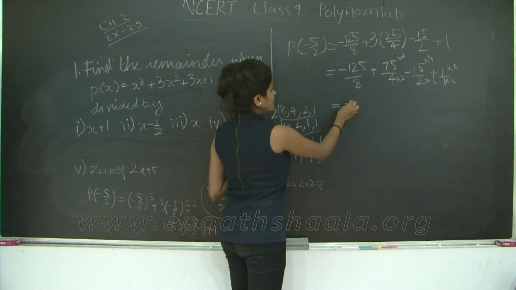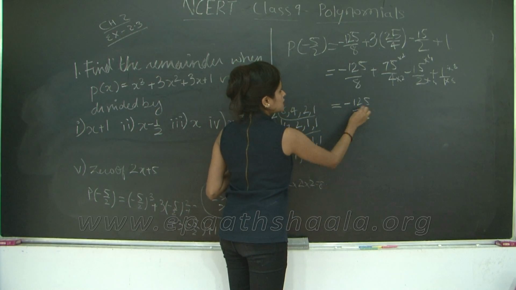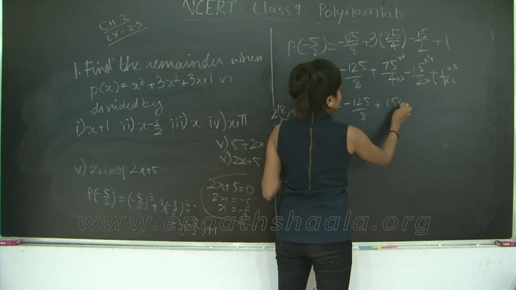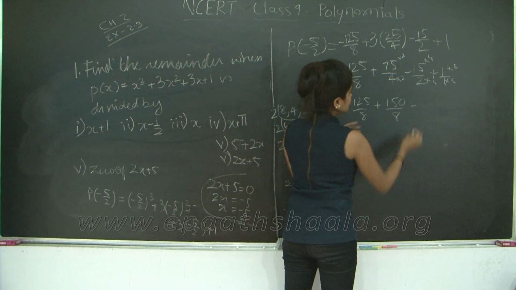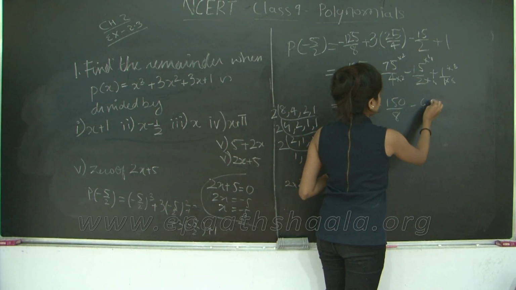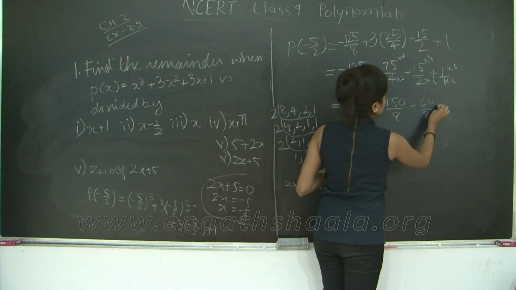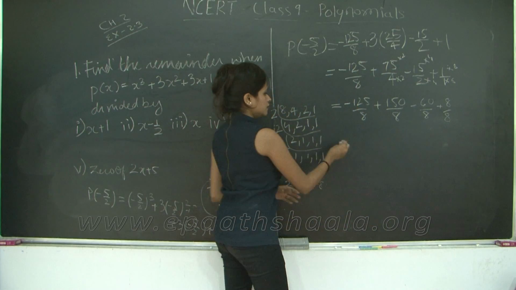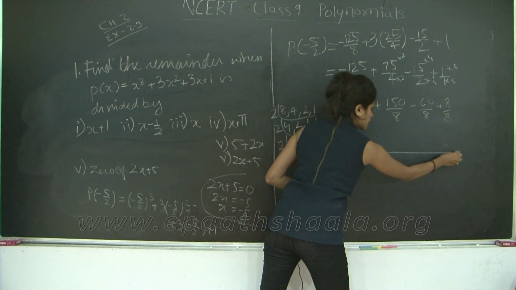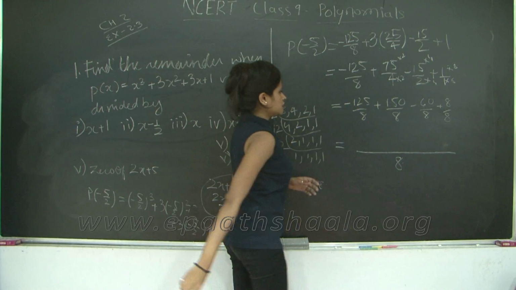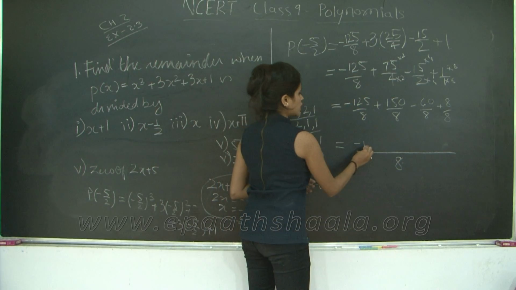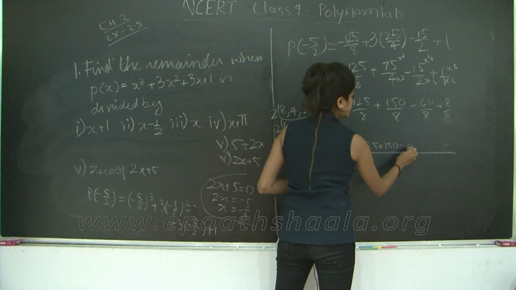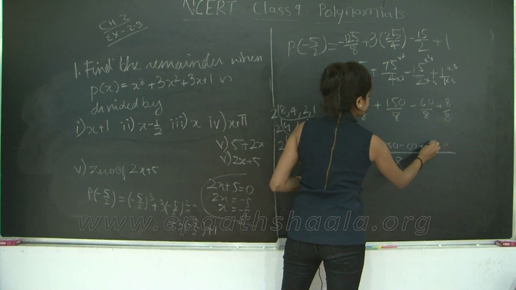So now we have minus 125 upon 8, 75 into 2 is 150, so 150 upon 8, 15 into 4s are 60 upon 8 plus 8 upon 8. Now a common denominator helps in solving the fractions. This is minus 125 plus 150 minus 60 plus 8.